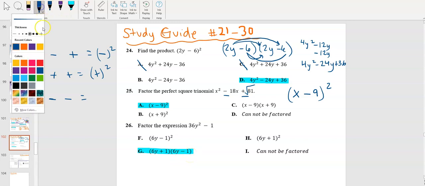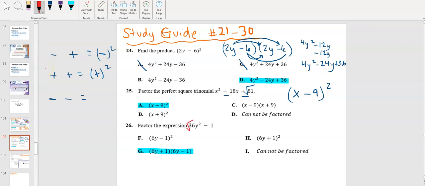So to review how to solve this, you're going to have square root of 36, square root of 1. That's how we get the 6y and the 1. And because of the negative there, we're going to have one be positive and the other one be negative. That's also because there's no b.